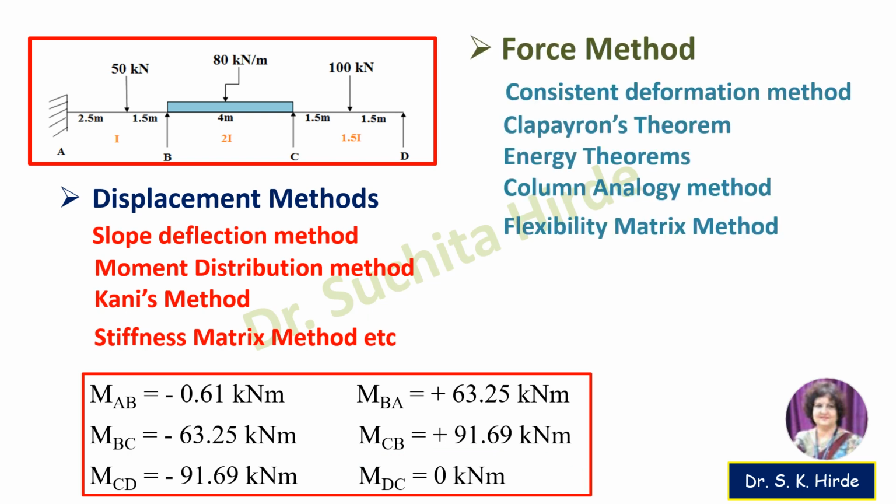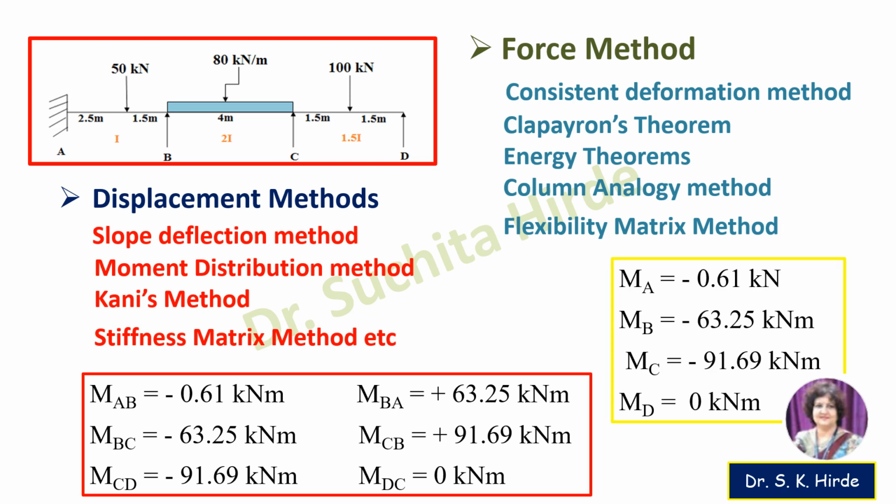Now let us see how we will get the result if you analyze the same beam using force method, that means consistent deformation method, Clapeyron's theorem, etc. We get the result at the supports. If there are four supports, we will get four values. So this is the main difference in getting the final result using displacement method and force method. In displacement method for the same beam, you will get six values, two values per member.